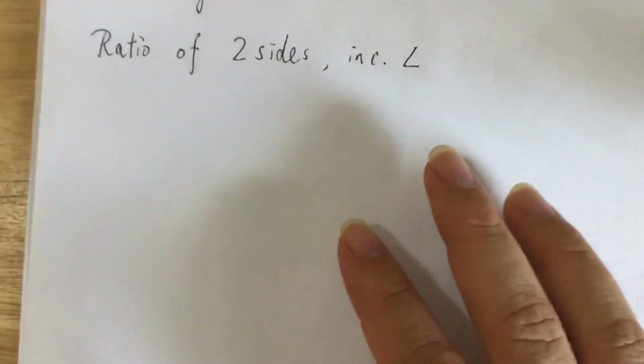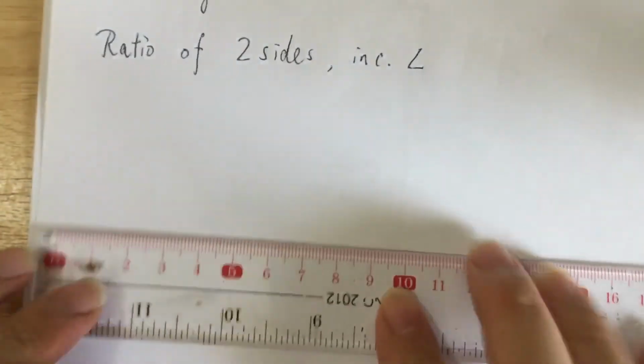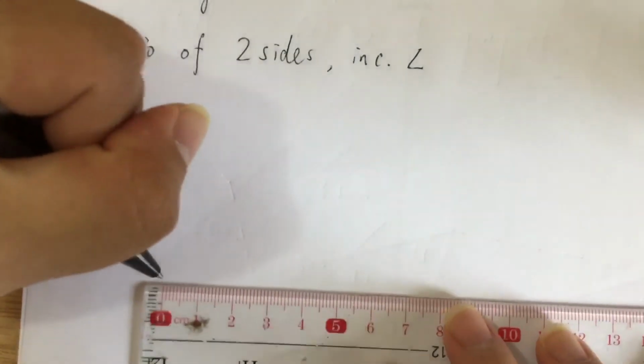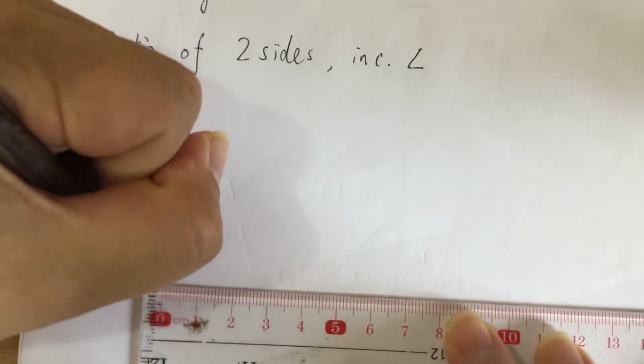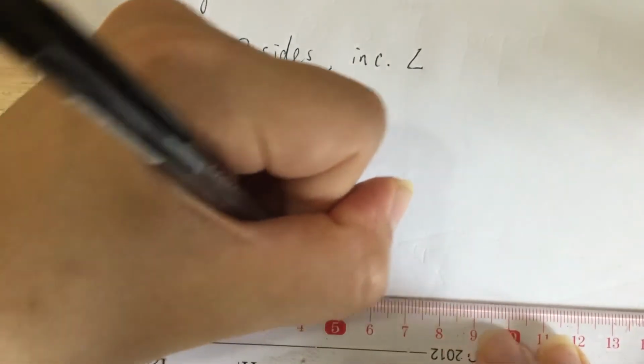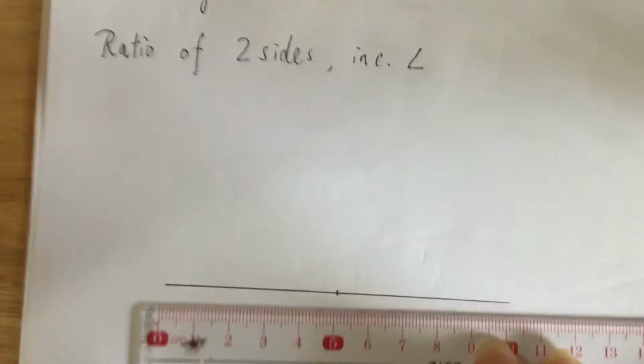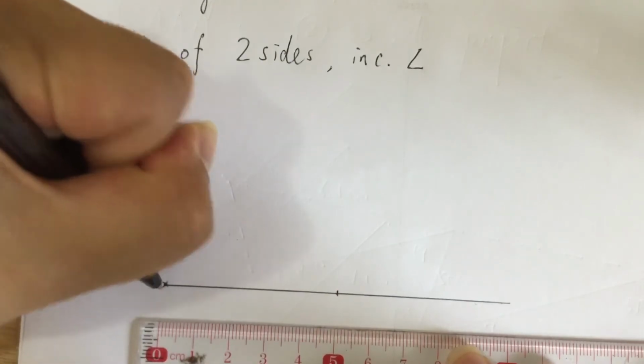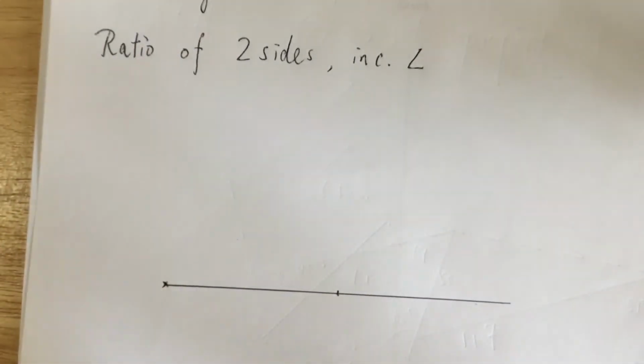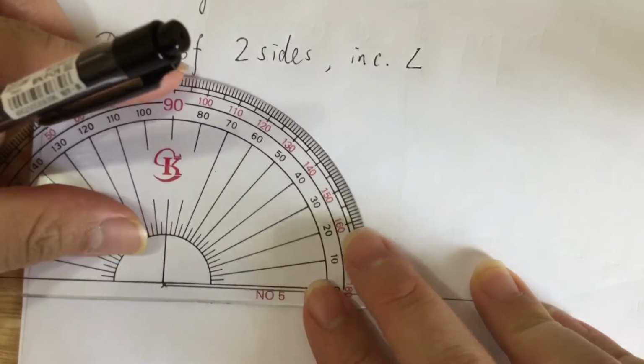So first of all, let's draw it one by one. We draw a first, for example, I draw it for 5 cm first, and then 10 cm for the second. So I mark it here. This is 5. Okay, we have this point as the angle, and we choose the angle is 40 degrees.